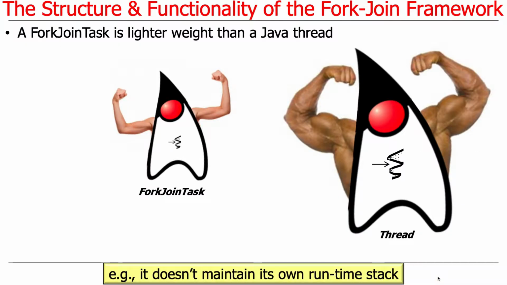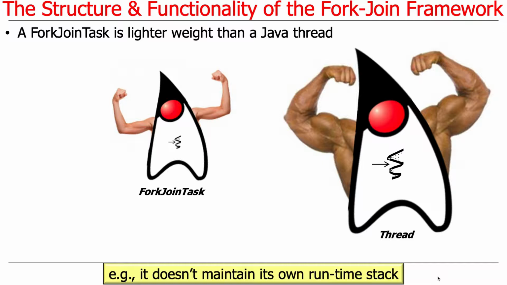And this is the visualization of this that I always get a kick out of. So a fork join task is a little scrawny, lightweight, computational object, in contrast to the Java thread, which is what makes up the pool of worker threads. Java threads have a lot more stuff going on. They have their own runtime stack, they have their own registers, they have their own thread-specific storage, and so on.